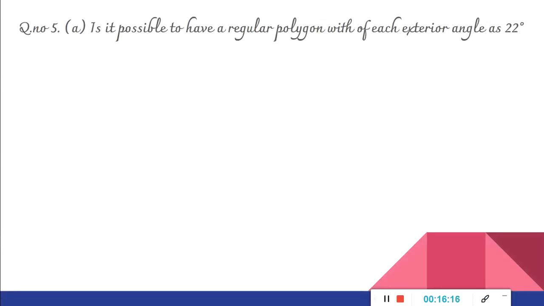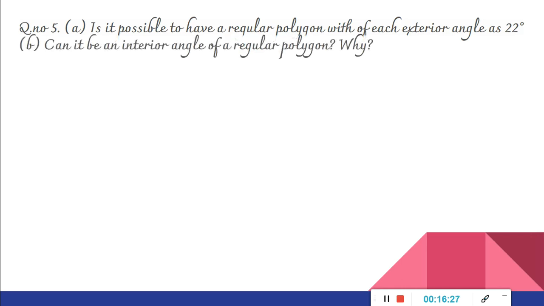Now question number 5. Is it possible to have a regular polygon with each exterior angle as 22 degrees? Is it possible? And one more question is there. Can it be an interior angle of a regular polygon? If it is not, why? The reason also you have to give.